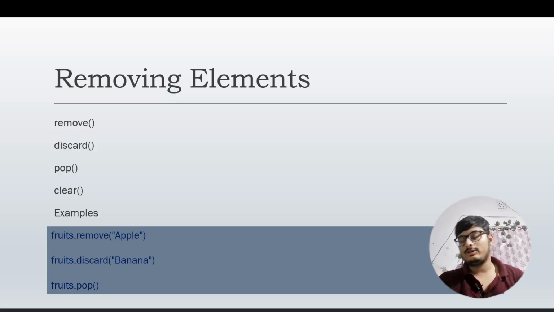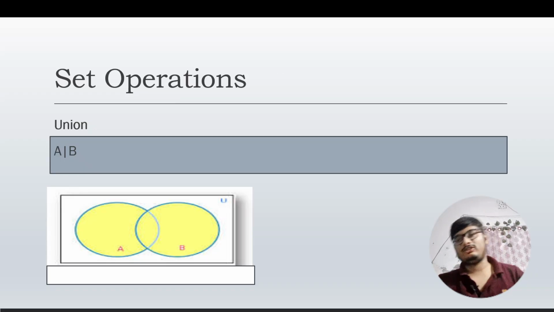Now let us move on to the next slide, which is set operations. There are several operations that we can do on sets, just like in mathematics. First is the union of sets. When you use union of two sets A and B, you will be combining those two sets. Here's the Venn diagram, where there's a set A and a set B. When we do union of these two sets, we are considering both whole sets.